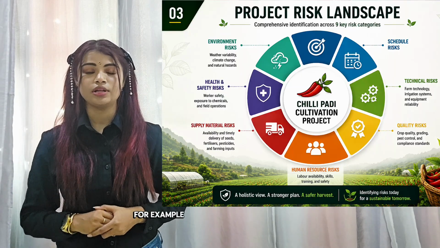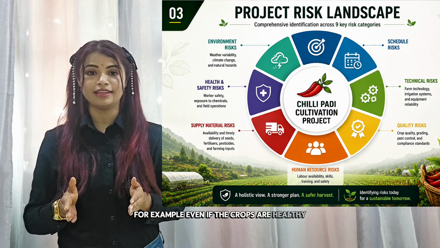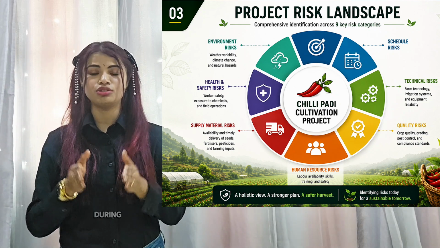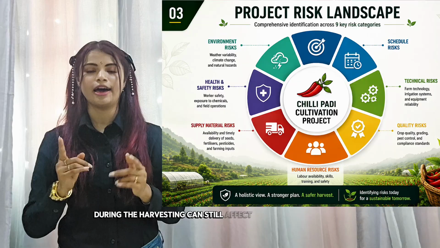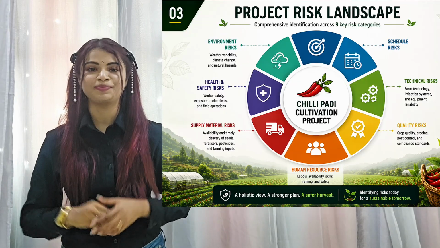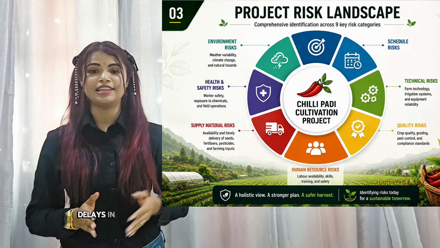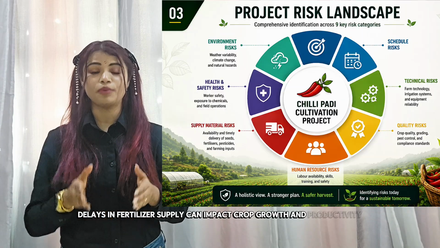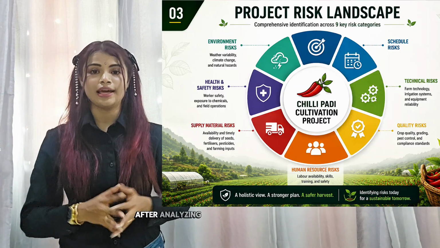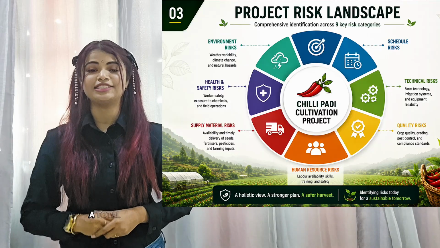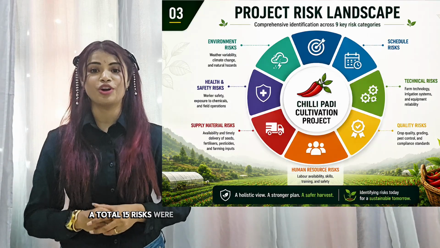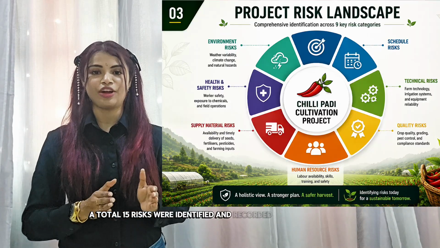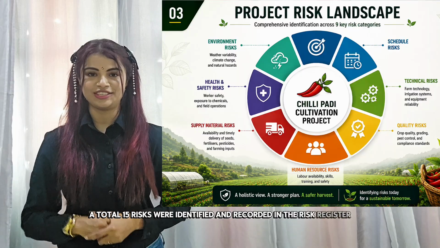For example, even if the crops are healthy, a labor shortage during the harvesting can still affect the project outcomes. So similarly, delays in fertilizer supply can impact crop growth and productivity. After analyzing the project information, a total of 15 risks were identified and recorded in the risk register.